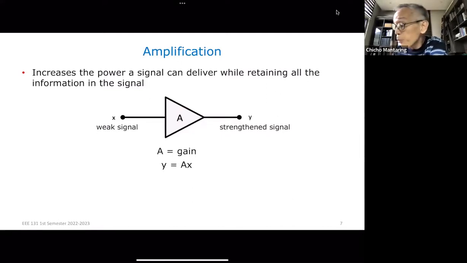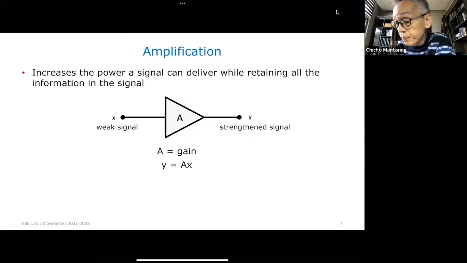The output must be able to produce a larger power than the input. That is the purpose of amplification. But for it to be an amplifier, all of the information at the input must be preserved at the output.